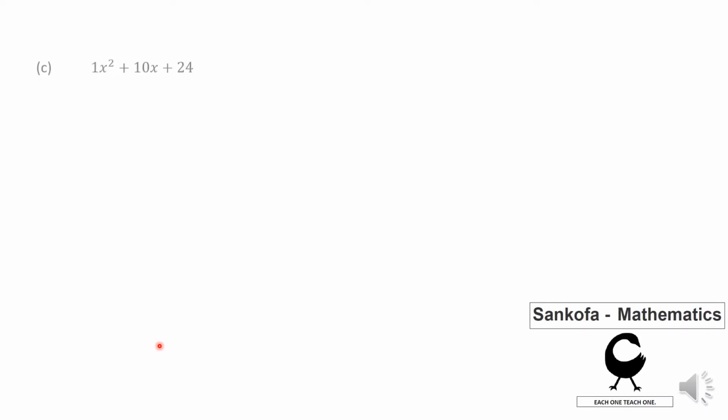Okay, so let me bring in one more where we have positive values. So I went straight to the answer, but perhaps you can have a look at it if there is something that you are a little bit out with. So if you have 1 times 24, that gives you 24, but there's no way that when you add the 1 with the 24, it gives you the value of 10 that we are looking for.